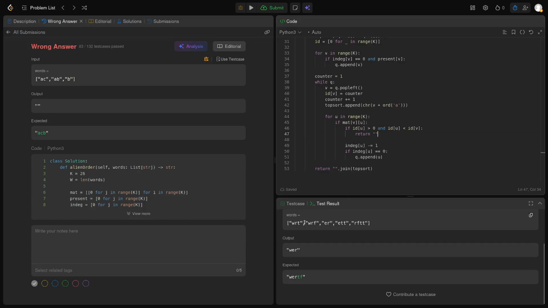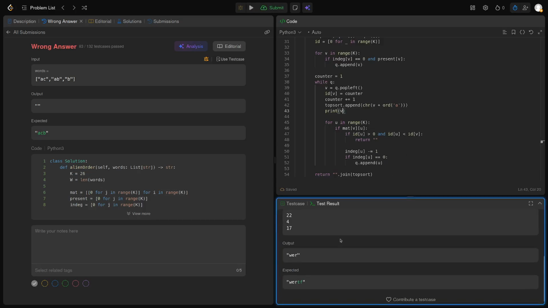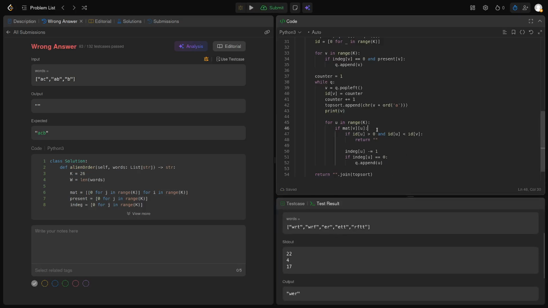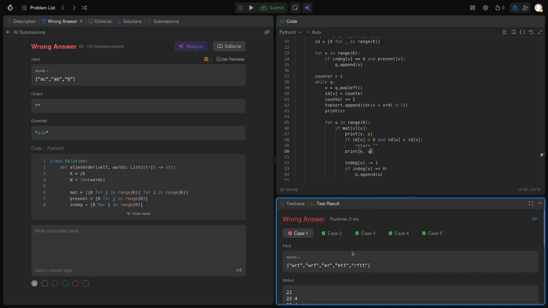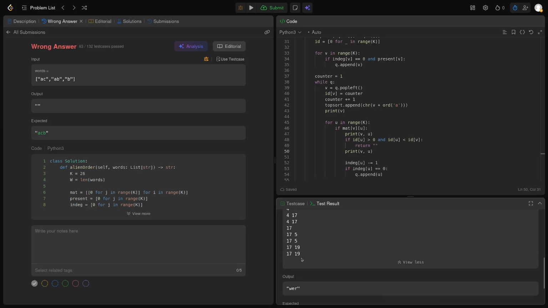So from V to E, right? E to R, then R to T. What the hell? Just print me V, bro. Okay, and then print VU. Let's see, so from 17, okay.